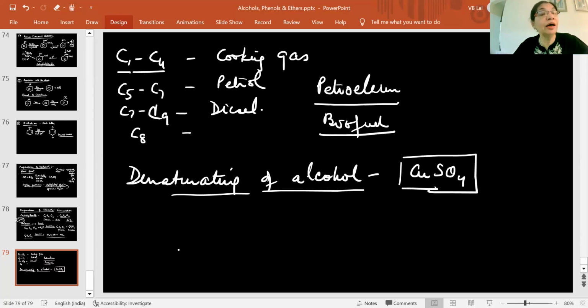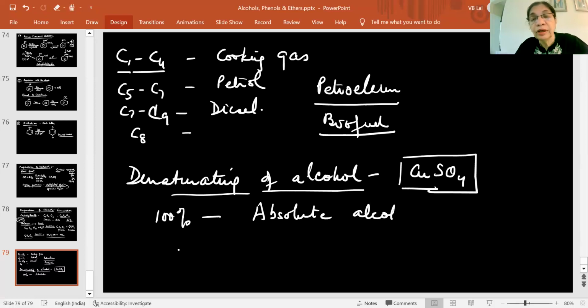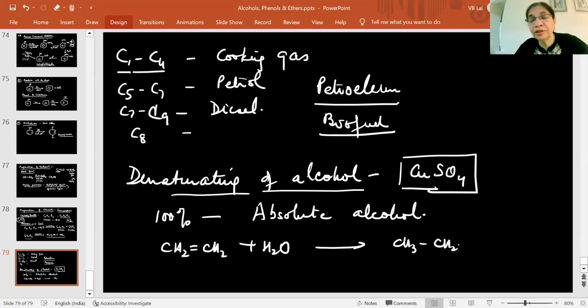You cannot make 100%. 100% alcohol is known as absolute alcohol. How do you prepare absolute alcohol? Absolute alcohol can be prepared only from ethene. How? As Sai Kalyan said, you can prepare it by addition of water to ethene in the presence of H+. So that is how you prepare it.